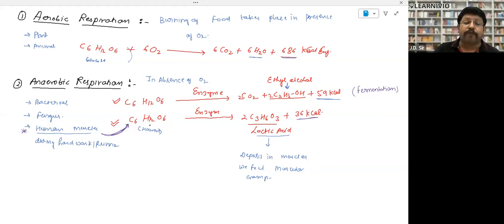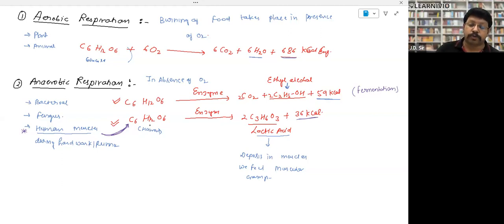This is also called fermentation. Wherever fermentation takes place, normally bacteria and fungi are used. When you make bread, wine, beer, whiskey, or in fact when you make idli or dough, the bacteria and fungi are used. These bacteria and fungi have a particular enzyme which breaks down glucose into carbon dioxide.